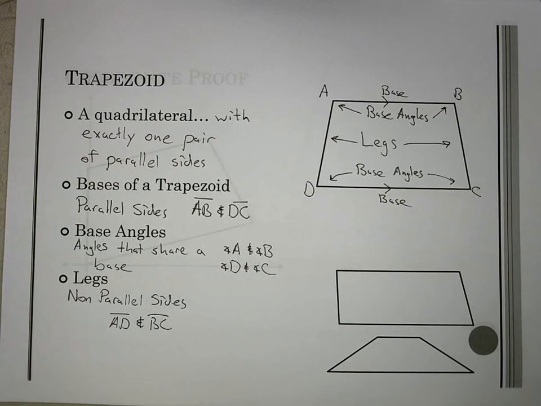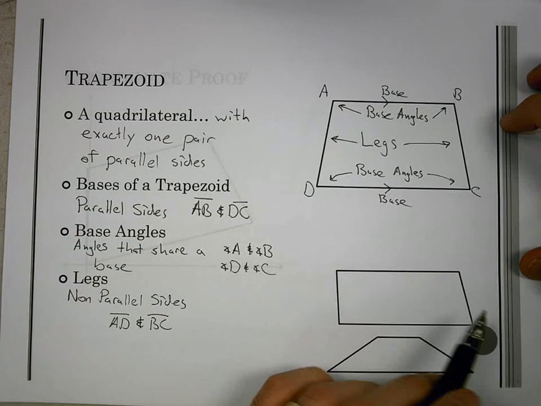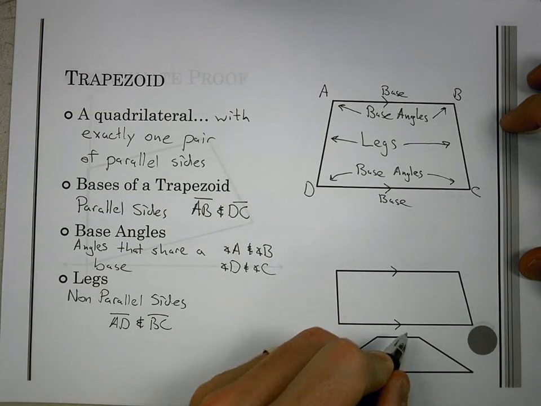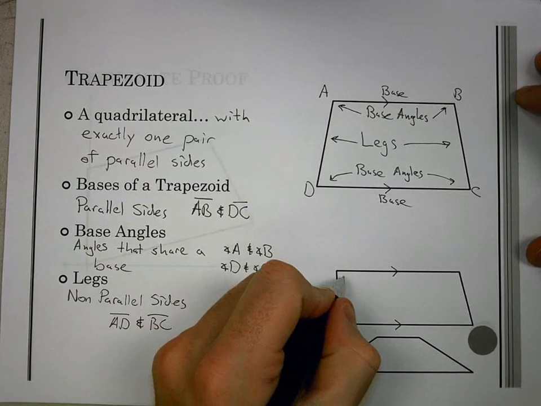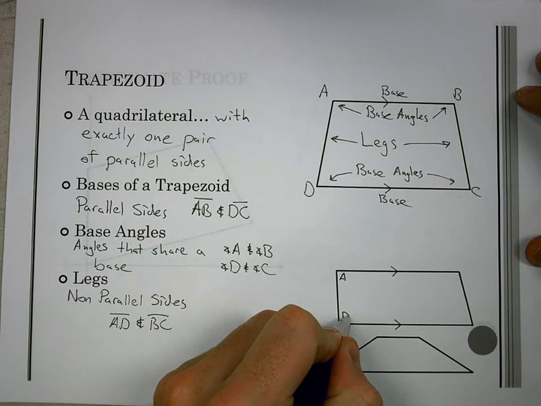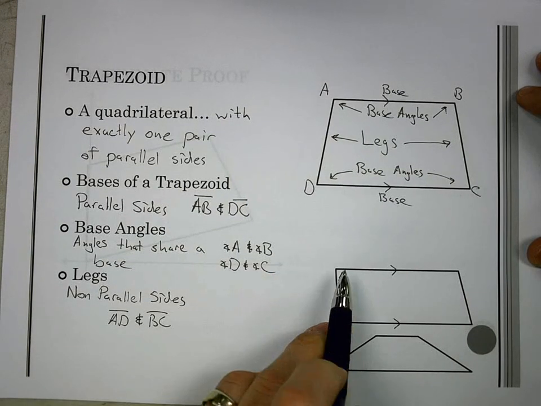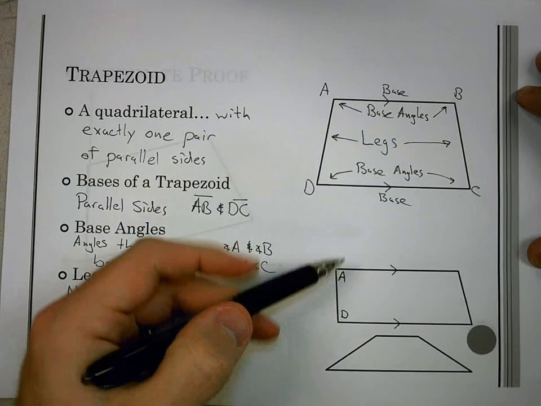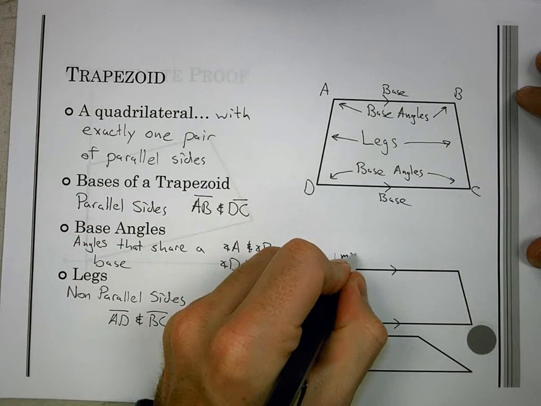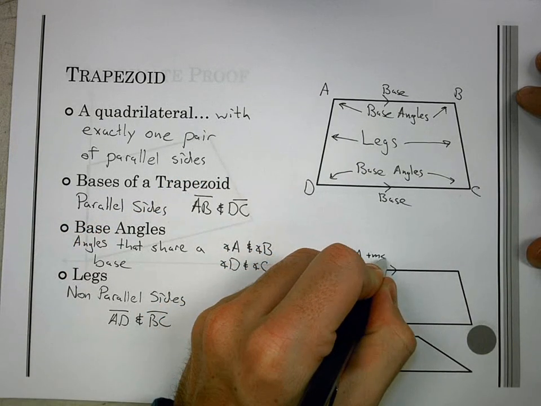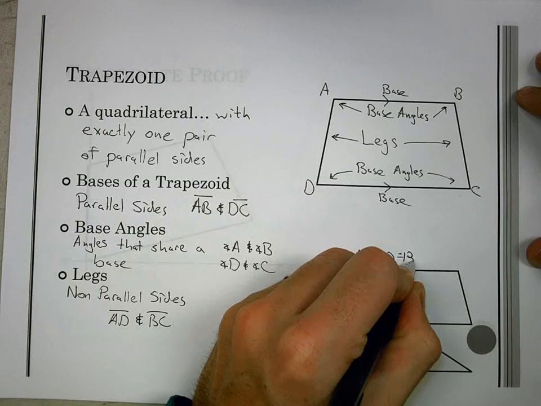We won't quite mention this as we go forward, but if I look at a trapezoid, and this is also a trapezoid we're looking at, even though it may look more like a rectangle or even a parallelogram, I only have one set of parallel sides. I have angle A, and let's say angle D right here. Using the fact that these are parallel lines, and I can almost think of this as a transversal, I know that the measure of angle A plus the measure of angle D will be 180 degrees.